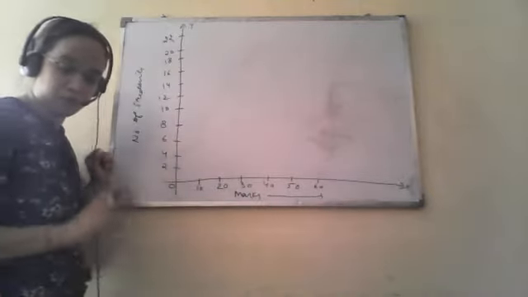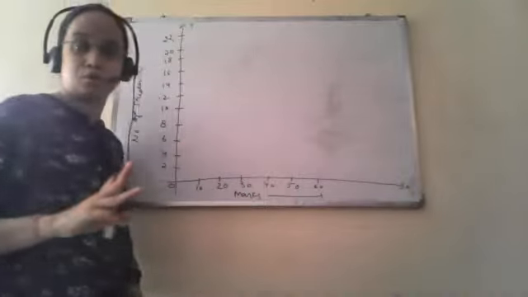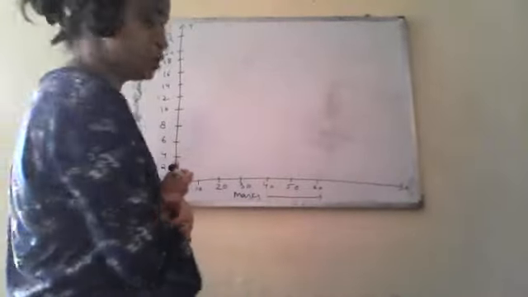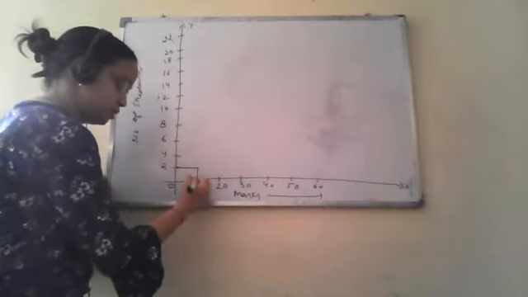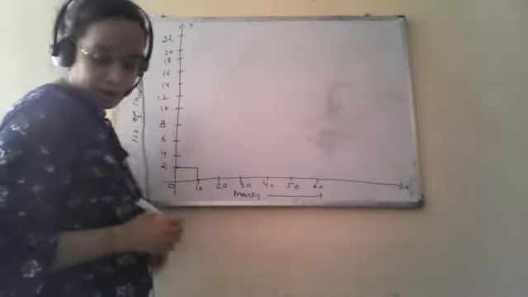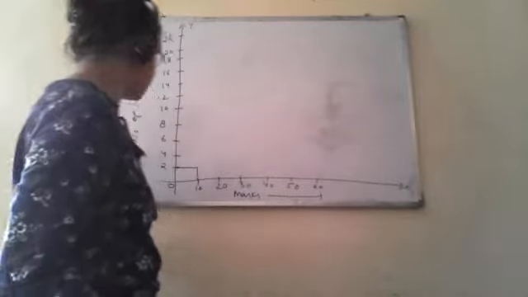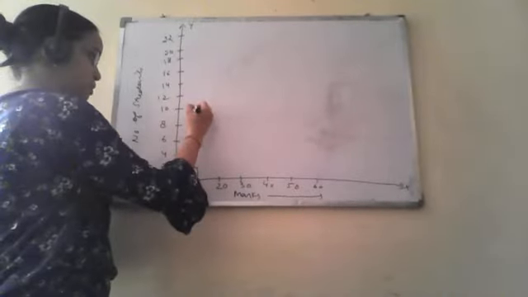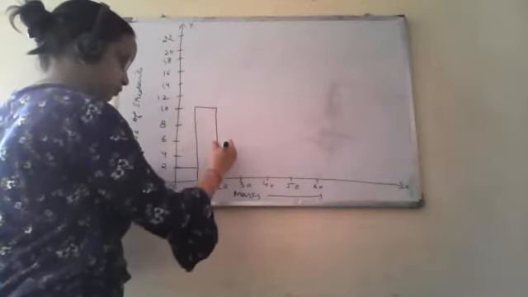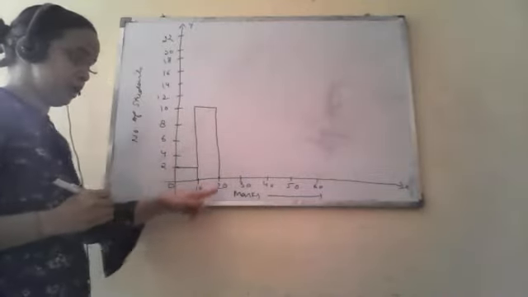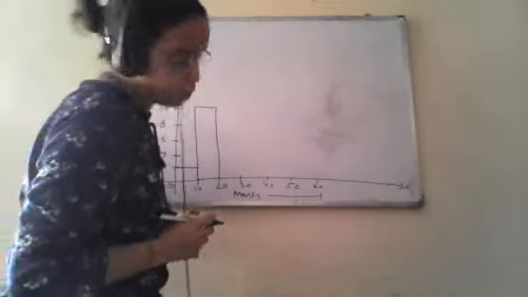From 0 to 10 we have two students who secured between 0 to 10. So 0 to 10 will be like this. Now 10 to 20 we have 10 students. So it will be like this. Between 20 to 30 there are 21 students.